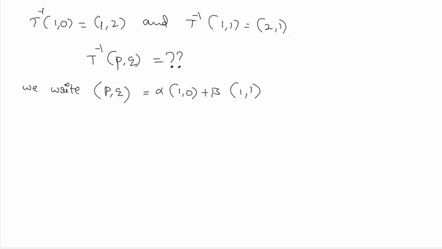Then we calculate the values of alpha and beta in terms of P and Q.